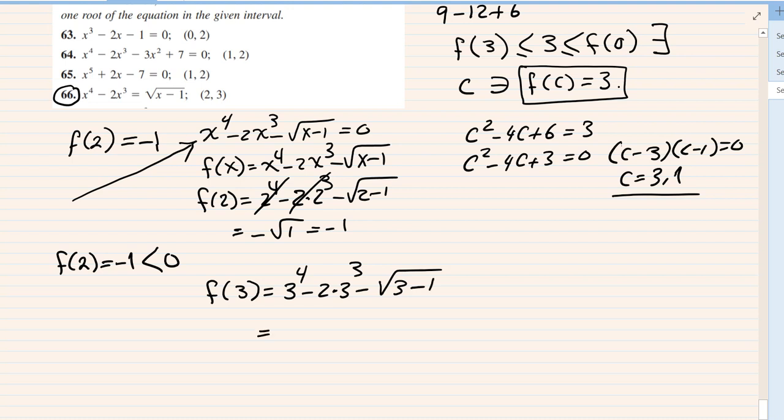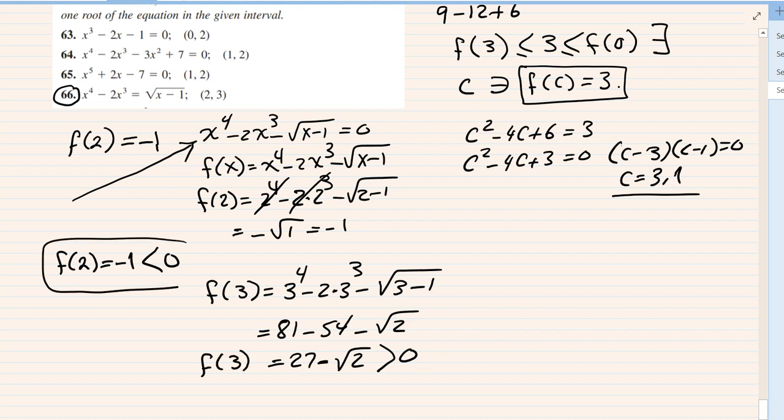3 to the 4th is 81, minus 3 cubed times 2, that's 54, minus square root of 2. That's 27 minus root 2. Now square root of 2 is about 1.4. 27 minus that is definitely positive. So there you go. F at a is negative, f at b is positive. True?